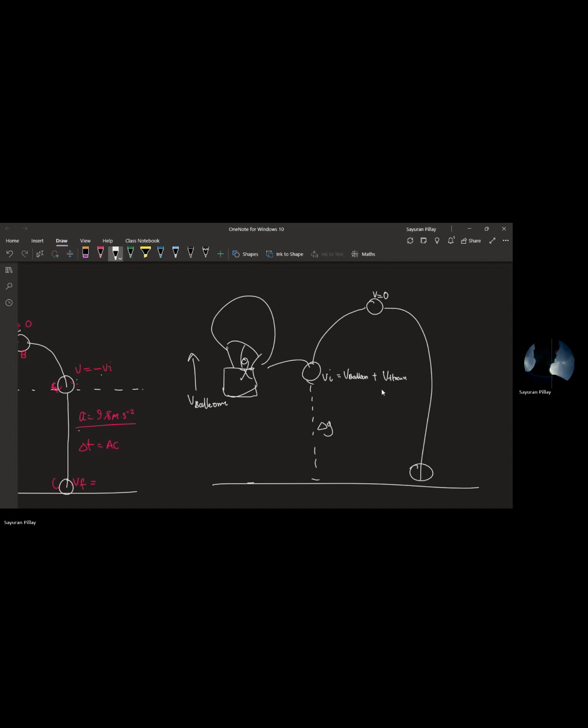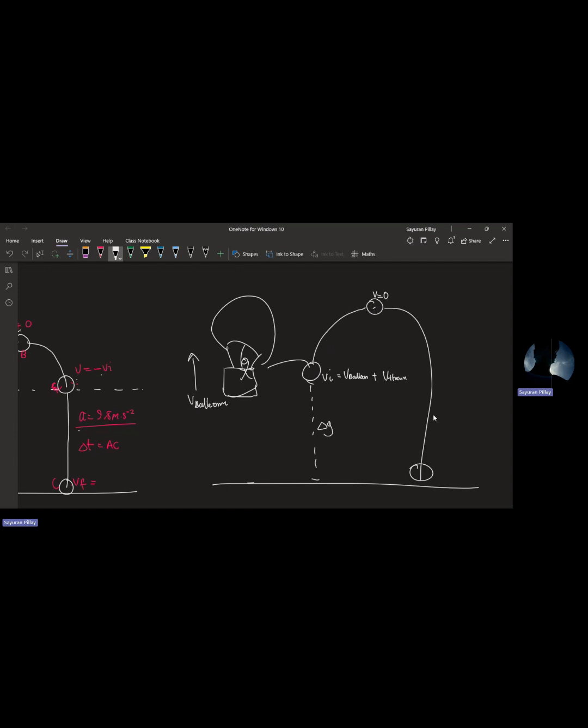So if you happen to drop the ball, that's 0 velocity thrown, and the initial velocity will just be the velocity of the balloon. But if you throw the ball at a certain velocity, then you add it to the velocity of the balloon, because that's the energy that the ball has with which it moves up.